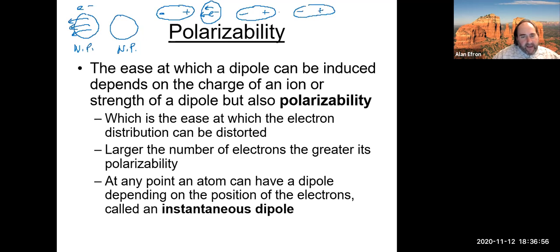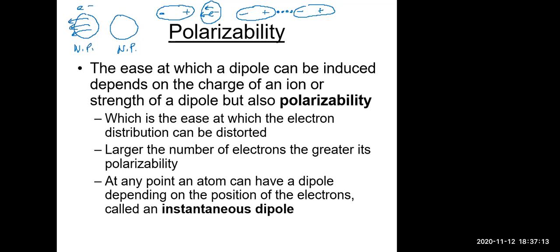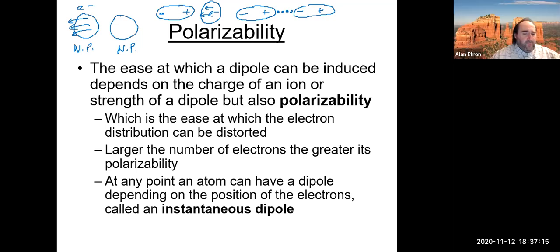Now we have a positive side of one and a negative side of the other, and they have a way to interact with each other. And that is what is known as an instantaneous dipole. The ability or ease at which that can happen is what is sometimes referred to as polarizability. So the greater the polarizability, the greater the chance that those electrons will migrate to one side or the other. All three of these things are dispersion forces.